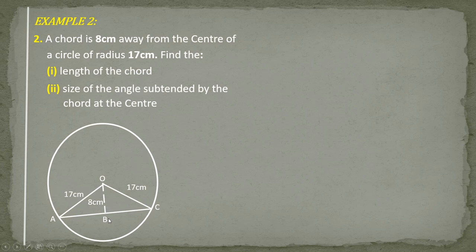An indicator that if this is perpendicular, then AB will be the same as BC. And since this one is 90 degrees, then in this particular question we can make use of the Pythagoras theorem, because this is a right angle, this is 8.